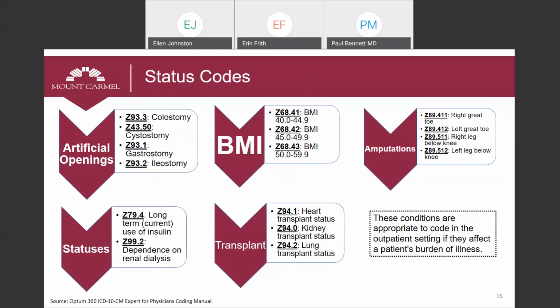This slide lists the most commonly used status codes in the outpatient setting. For example, Z89.411, amputation of the right great toe, can, as we know, severely impact the continuing risk that the patient faces in the future.